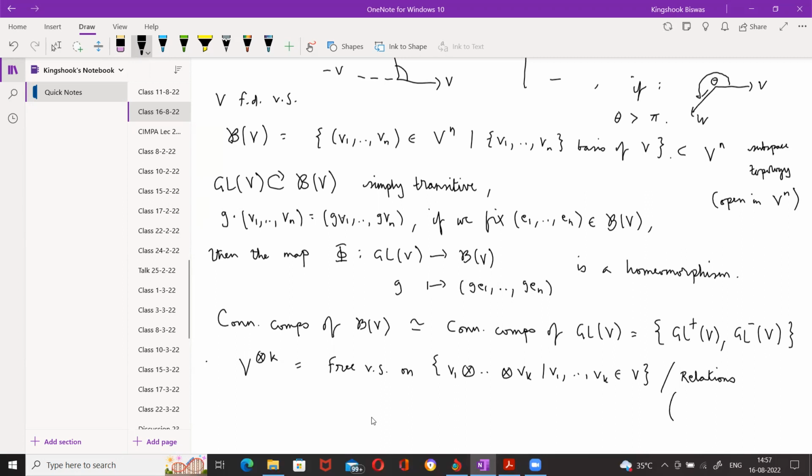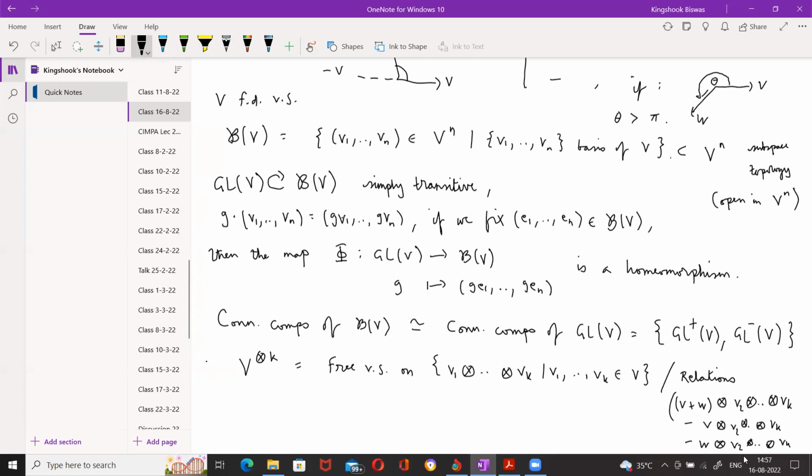So the relations will be of the form, whatever, V plus W tensor V2 tensor up to Vk, you have to take this minus V tensor V2 up to Vk minus W tensor V2 tensor up to Vk.